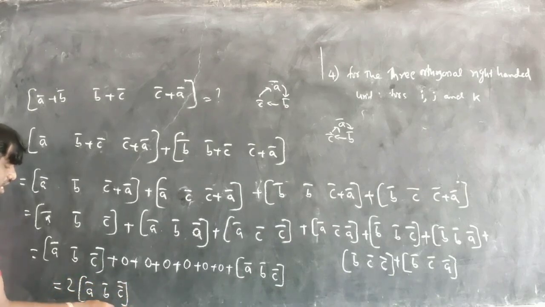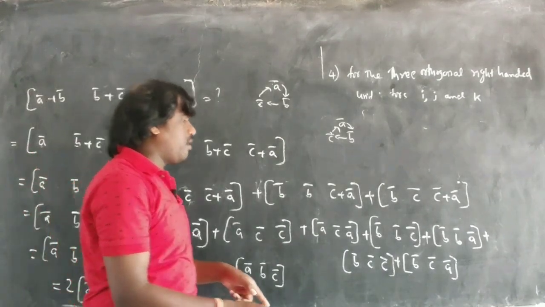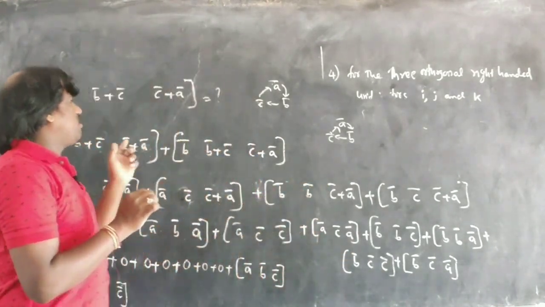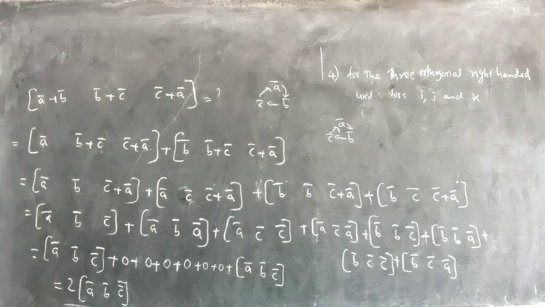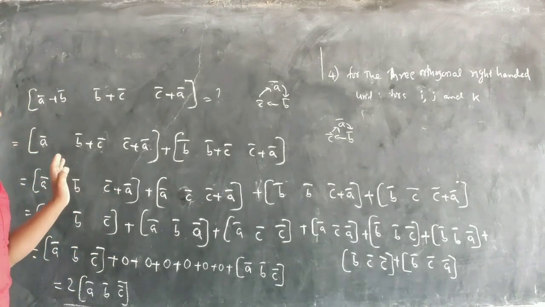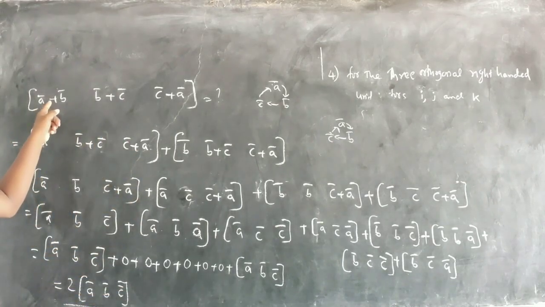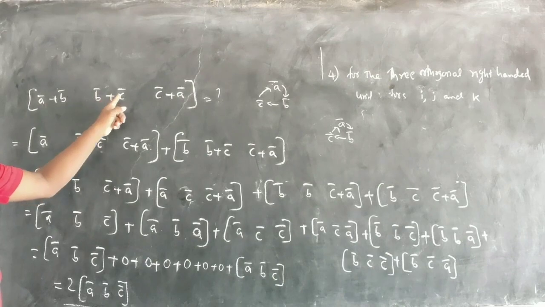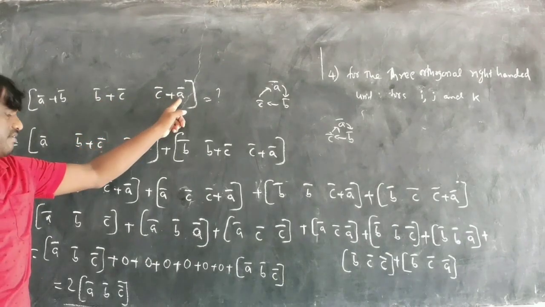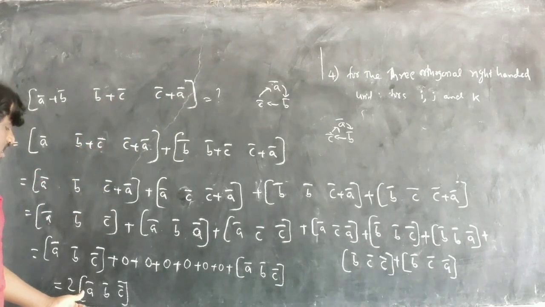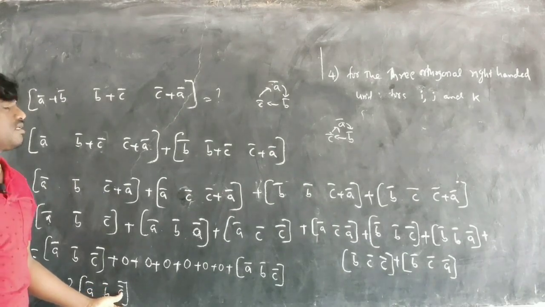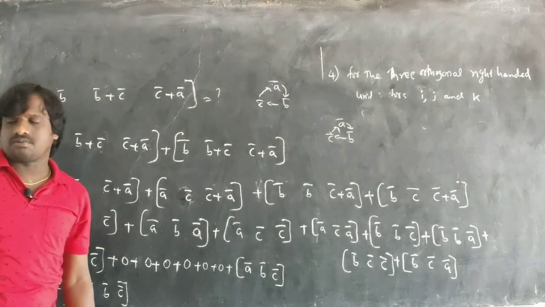This is what you have got. This is a very important result, for both 1 mark and 2 marks point of view, and for JEE point of view it is a very important result. So remember this: A vector plus B vector plus C vector plus C vector plus A vector is 2 times A vector, B vector, C vector. Hope you understand. Let us see the next questions.